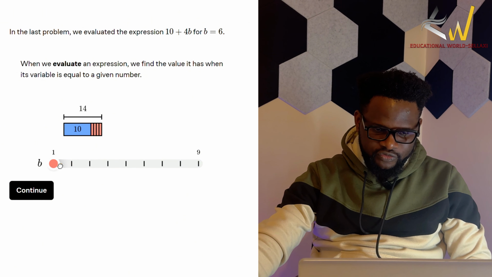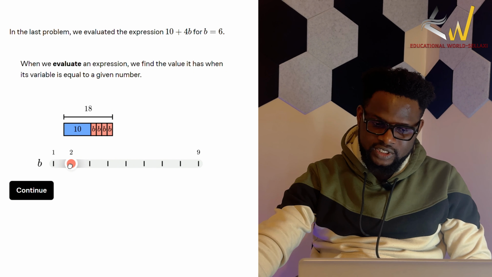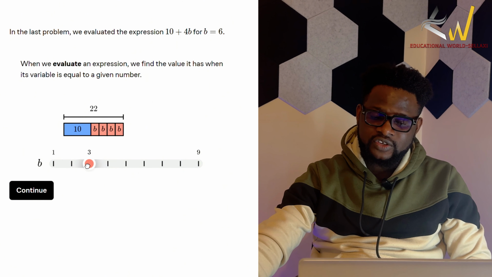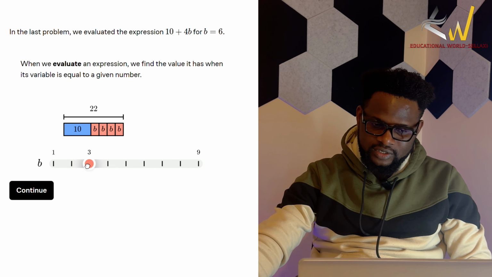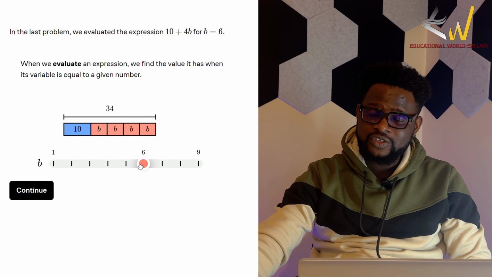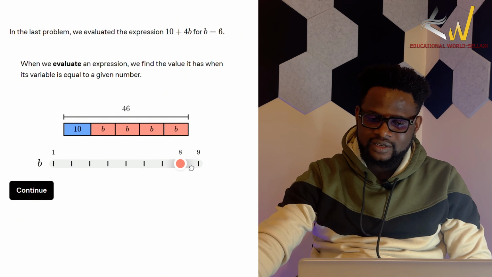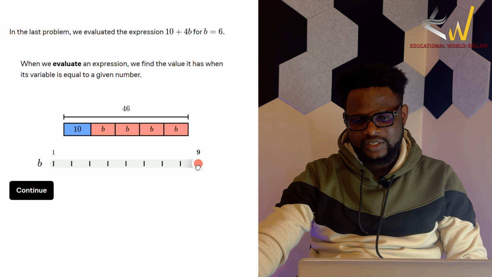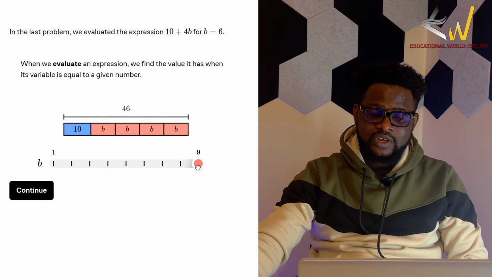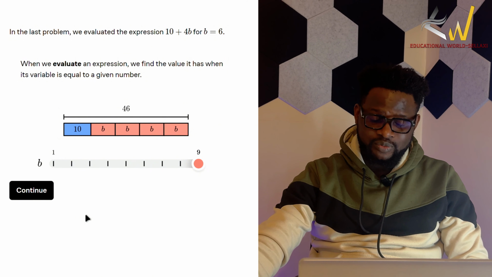So if we move the value of b to 2, the total expression becomes 18. So 10 plus 4b becomes 18. When we keep increasing the value, you can see the number is changing. When b is 6, the value of 10 plus 4b is 34. When we increase it to 8, it is 42. And when b is 9, the value is now 46. So this is just a way for us to understand mathematical expressions.